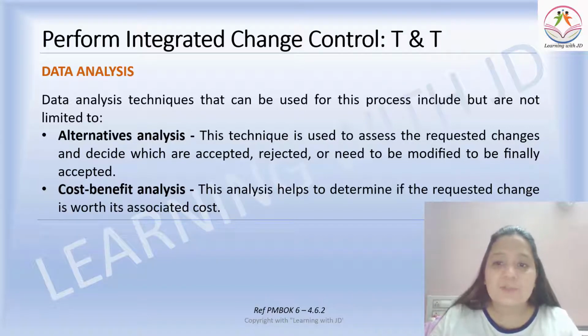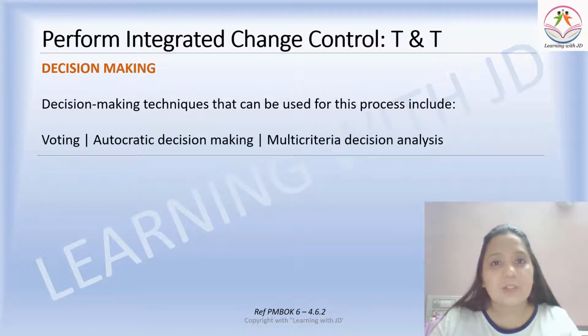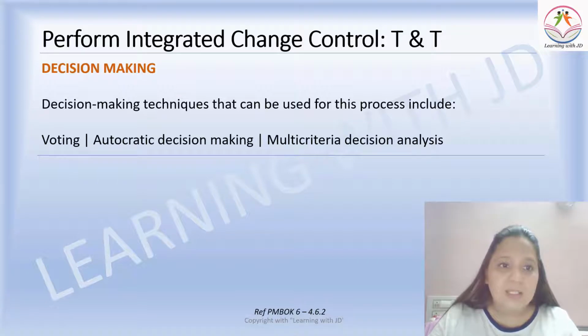This analysis helps to determine if the requested change is worth its associated cost, that the change is worth whatever you are going to invest in terms of money. Then comes decision making. Decision making techniques that can be used for this purpose include voting, autocratic decision making, and multi-criteria decision analysis.